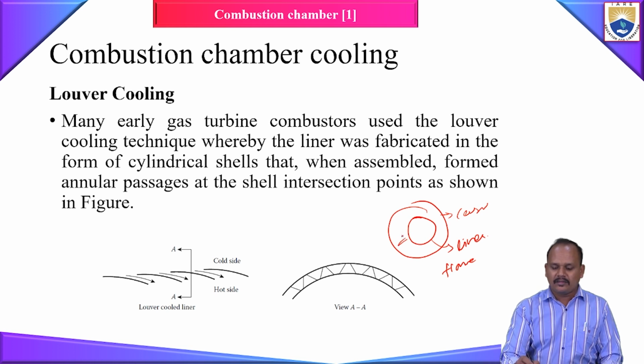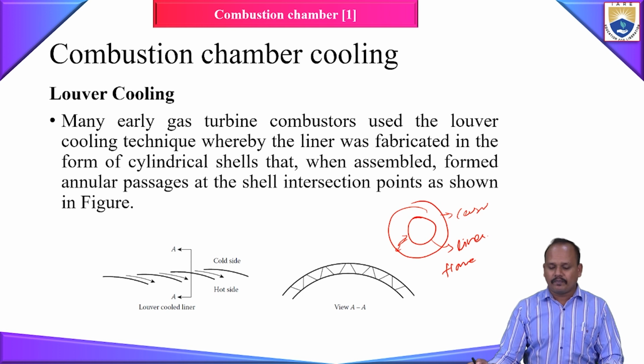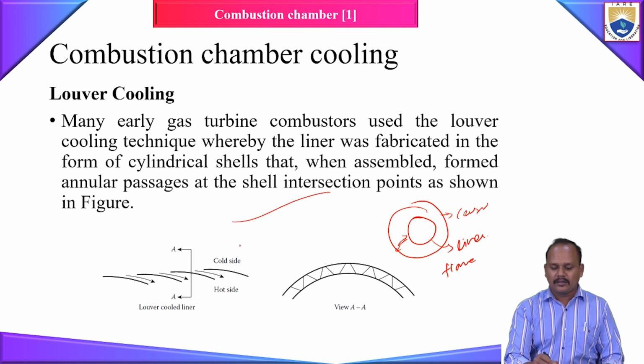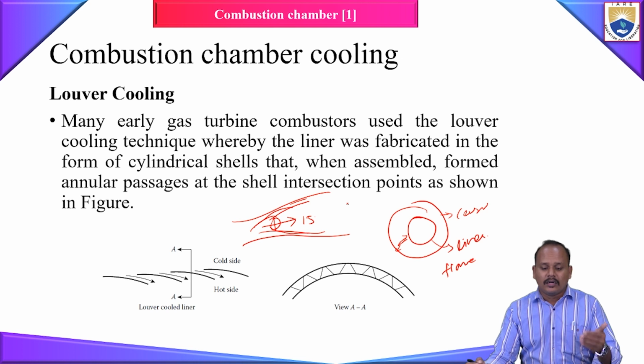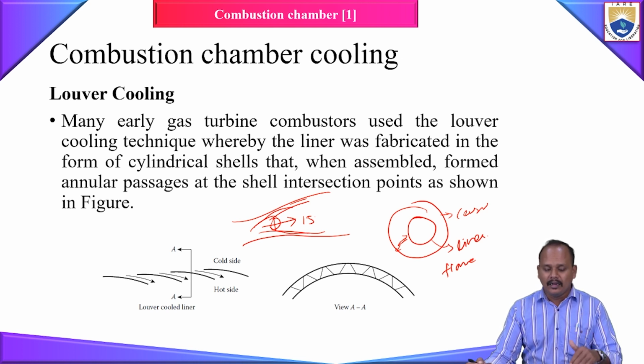The gap between this liner and casing will have the cool air. When the airflow enters the combustion chamber, roughly 10 to 15% of air will enter here, and the remaining air will enter the passage between the casing and the liner.